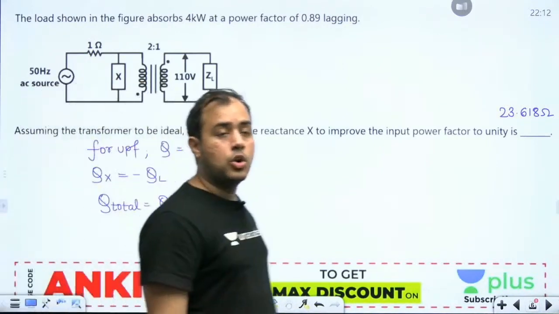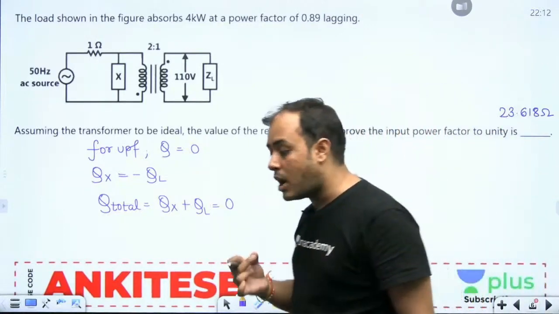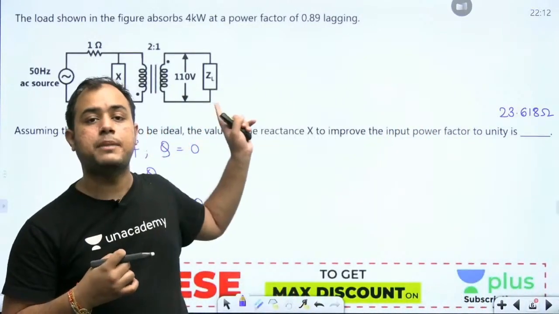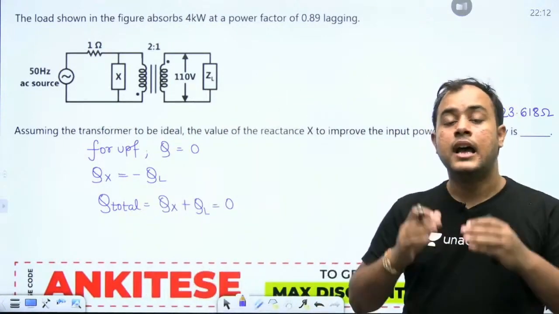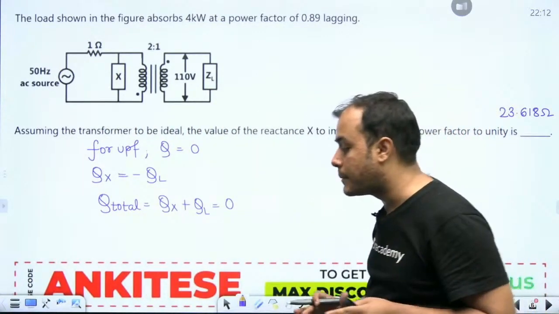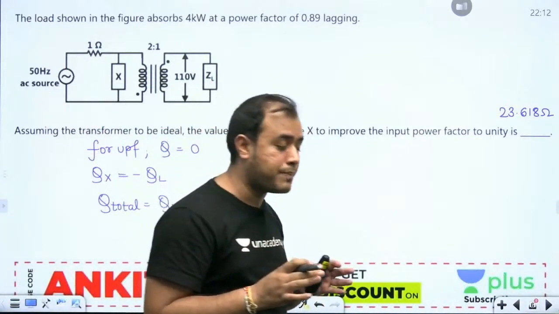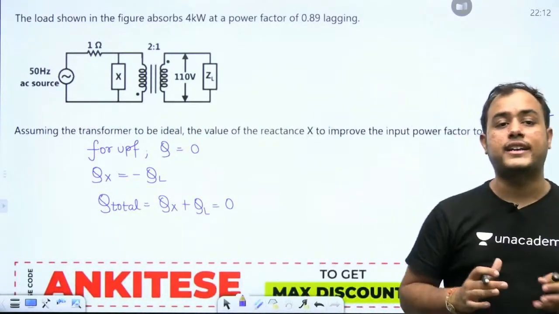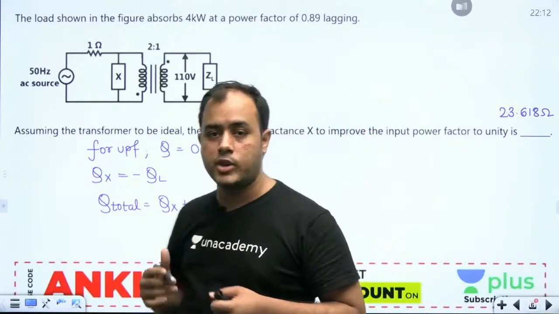That means if the load is demanding an X amount of reactive power, that amount is being supplied by this reactance, so that both are balancing each other and the source does not have to supply any reactive power. If the source is not supplying any reactive power, then the source power factor will become unity.